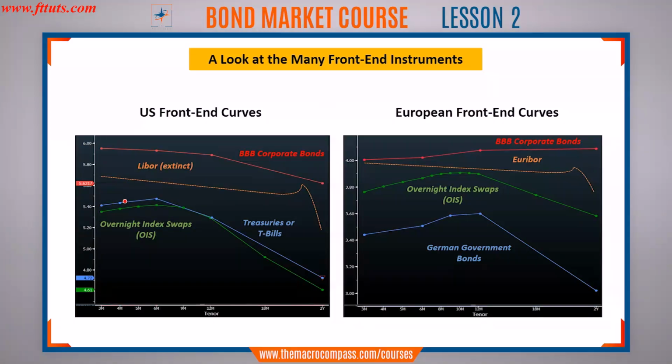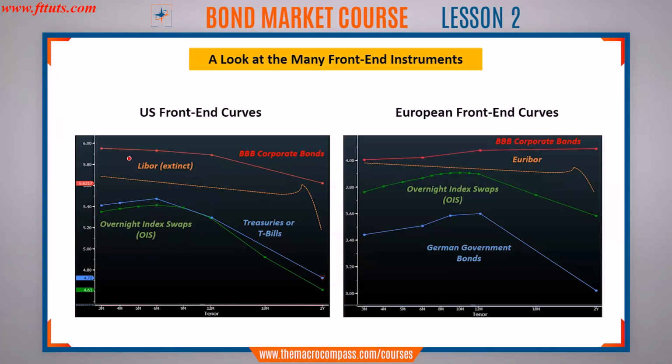As you can see, LIBOR rates are higher than Treasuries or overnight index swap rates because, as we will explain, there is a credit component here that doesn't exist in OIS or in Treasuries and T-bills, which is basically the risk that banks go belly up and the unsecured loan goes bust.